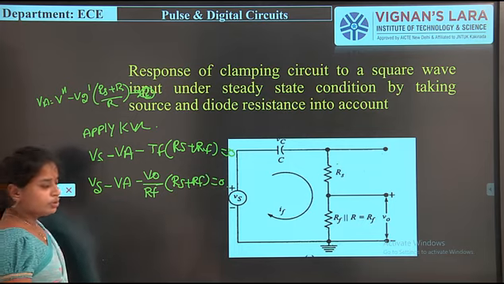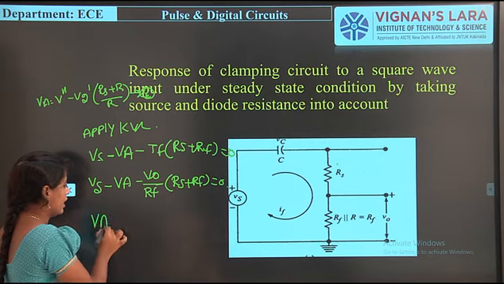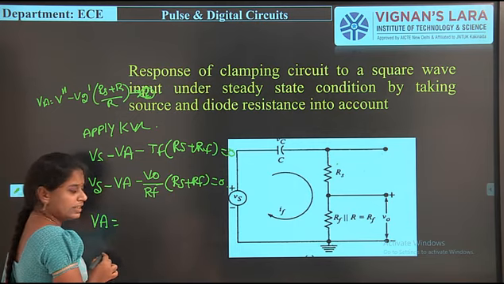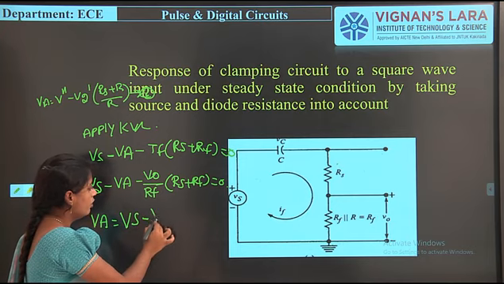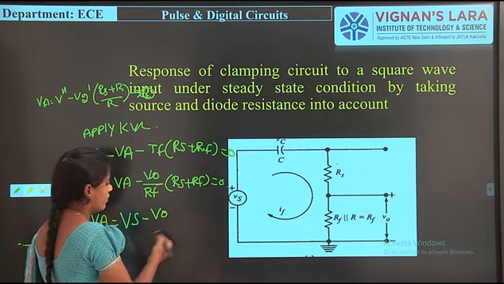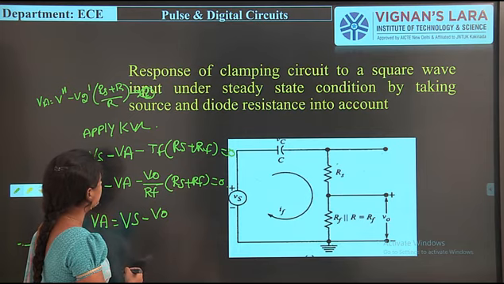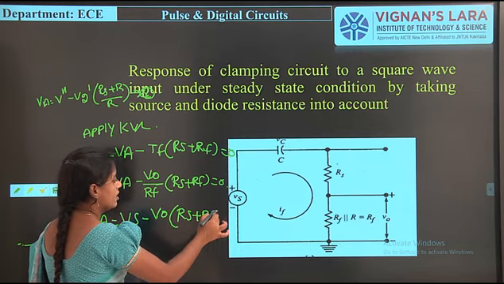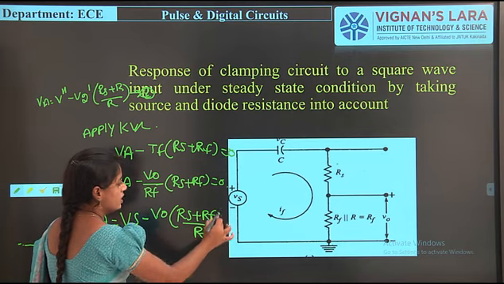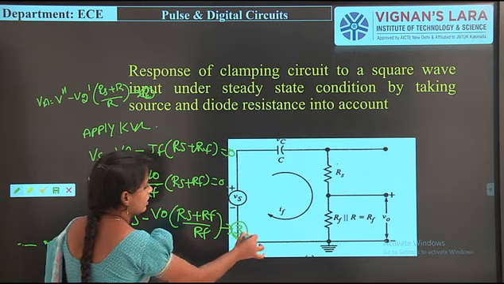From that we have to find the value of Va. Va is equal to Vs minus V0, into (Rs plus Rf) by Rf. So it is taken as equation number 3.